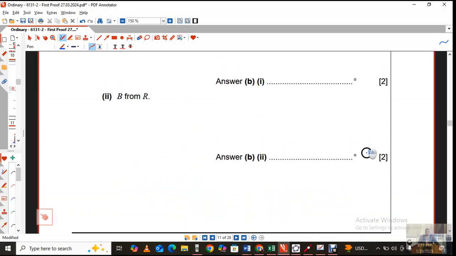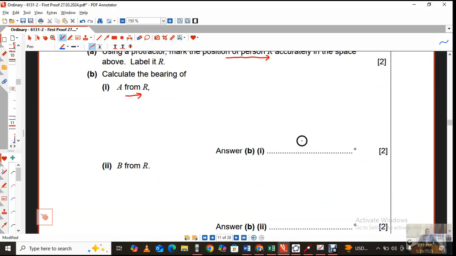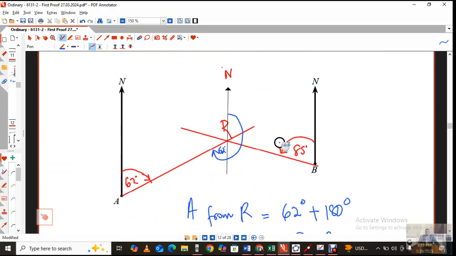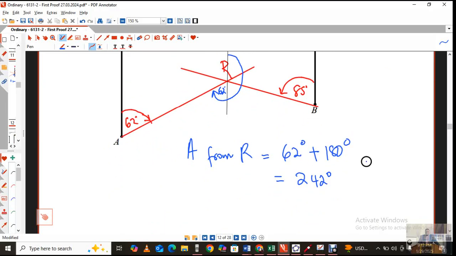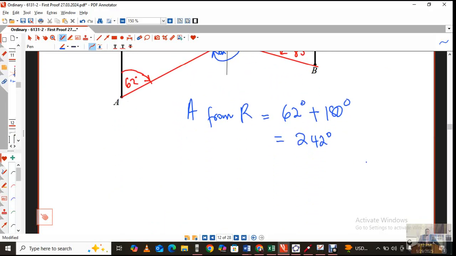So let me just go back and put my answer in my answer space. So this is 242. Or another way that you can calculate that, suppose you didn't want to put this little 62 over here. You should know that if you have two parallel lines, one is like so, and the other one is, let's say I bring it over here. And for simplicity, let me just bring this one down so they look exactly the same.